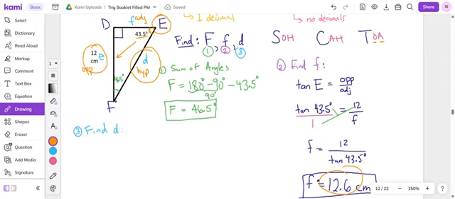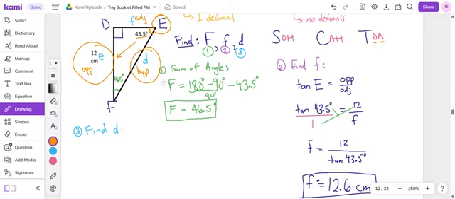That would mean which one was not rounded. The one that is exact is 12 centimeters. So let's use that, because that will ensure that our value of D is as close to its true value as possible.